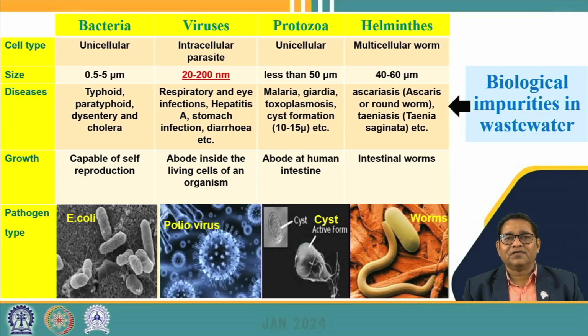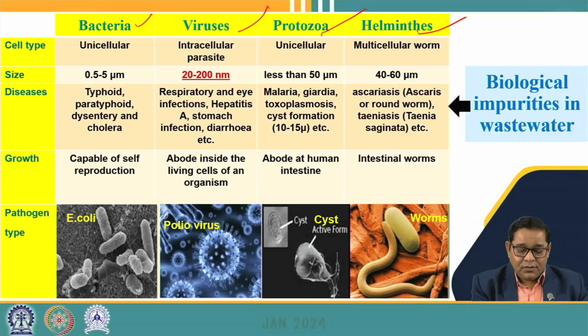These are the various microbiological characteristics of wastewater: bacteria, virus, protozoa, and helminths. They are the most common in wastewater. Bacteria are unicellular organisms, whereas viruses are of a much finer size.